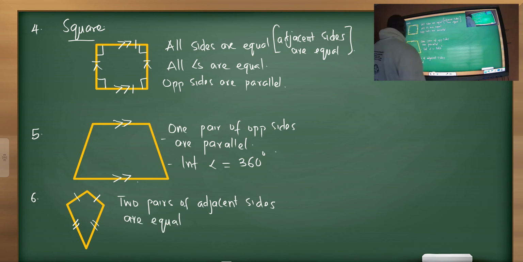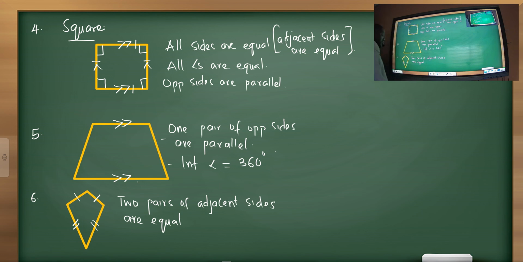So you would see I've just used one stroke to talk about the equal sides. Okay, so we talk about two pairs of adjacent sides being equal. So these are the general properties of quadrilaterals. Not looking at their diagonals, just quickly looking at the basic properties.